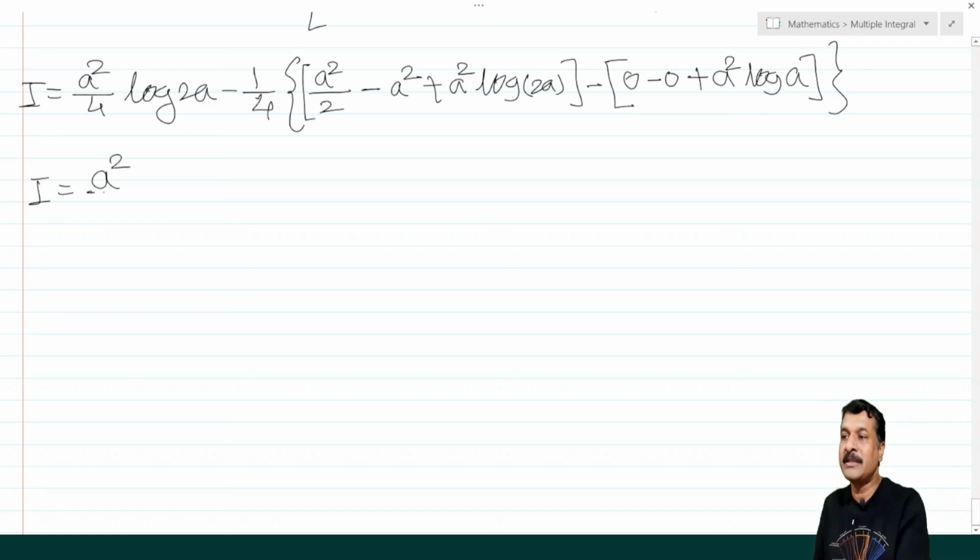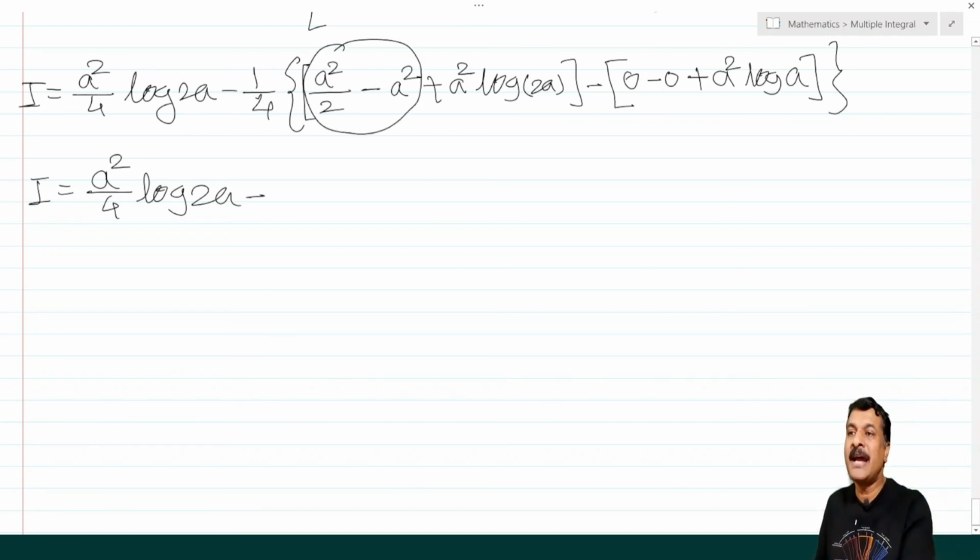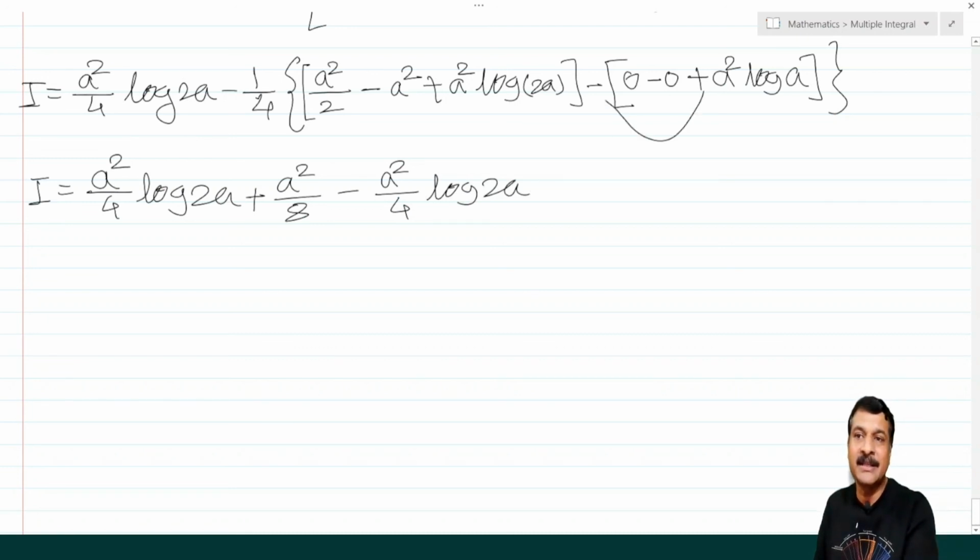I equal to a square by 4 log of 2a minus, note that a square by 2 minus a square, it is a square by 2 but minus, and out of this it is a minus 1 by 4. So I will get here plus a square by 8 minus a square by 4 log of 2a, and this plus then minus and this minus, I will get plus 1 by 4 a square log a.